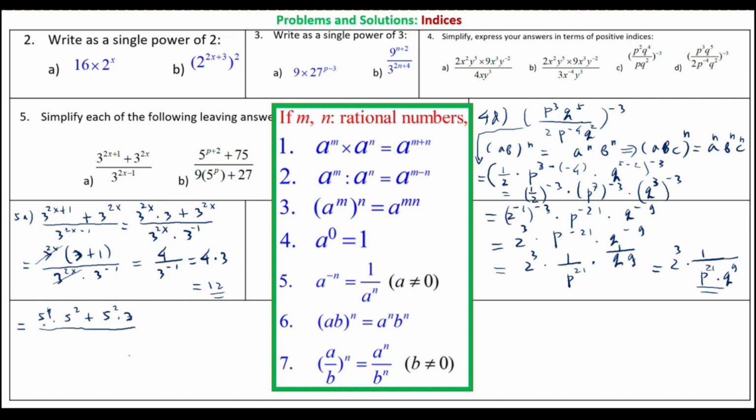So we always express in prime numbers. 5 is a prime number, the base, and 3 is a prime number. So the denominator is 9. 9 is 3 squared, 3 squared times 5 to the p plus 27. 27 is 3 times 3 times 3, 3 to the power of 3.